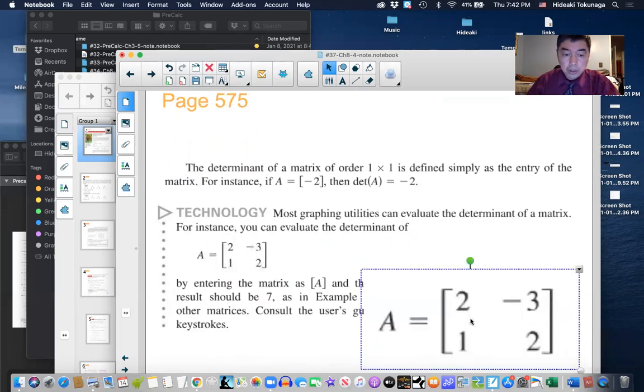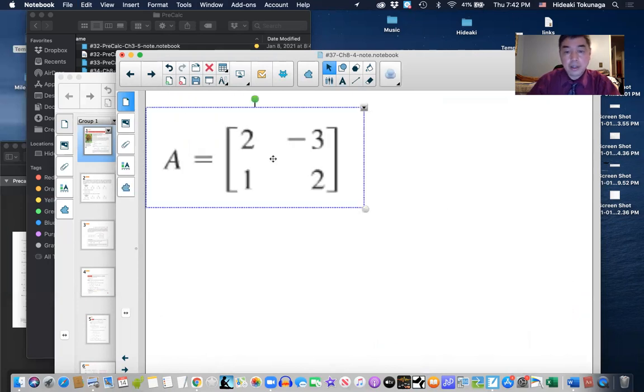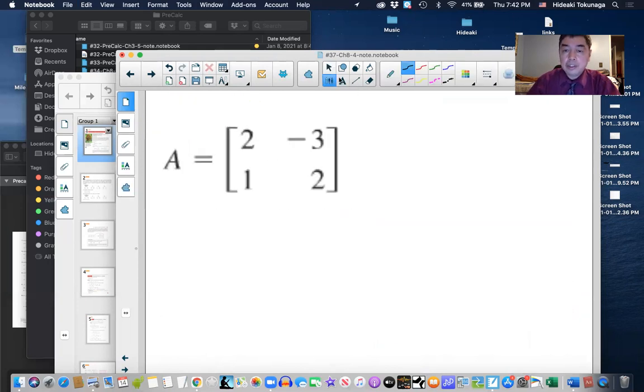So when the determinant is 1, this diagonal switches location, but this time it's the same number.